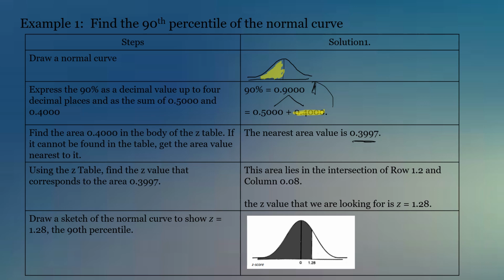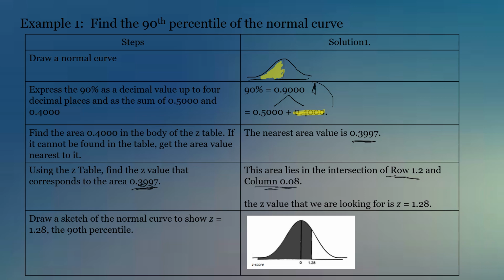Okay, so using the Z table, find the Z value that corresponds to the area of 0.3997. Kukunin mo yung row at column nitong 0.3997. Doon sa ating intersection, yung row niya is 1.2, then yung kanyang column is 0.08.